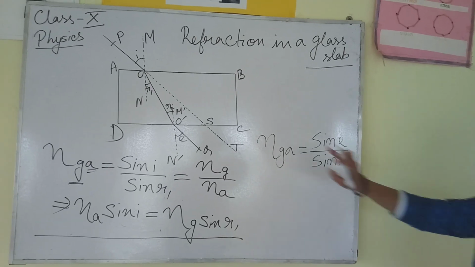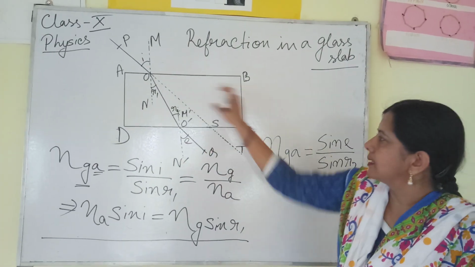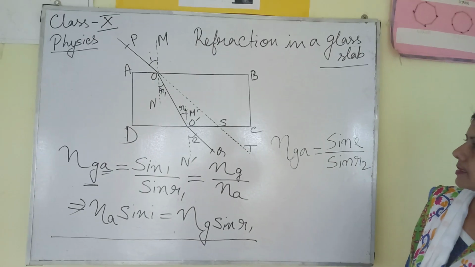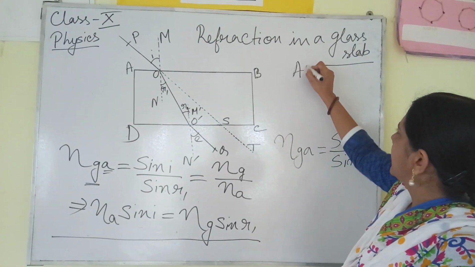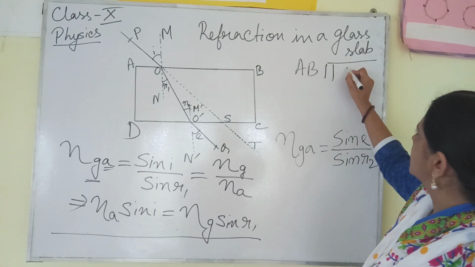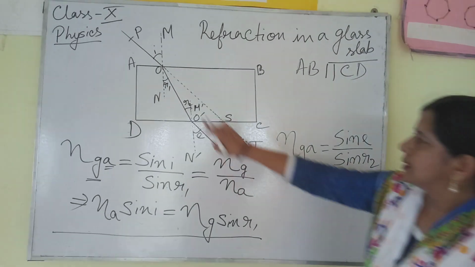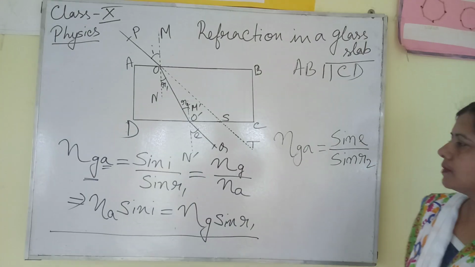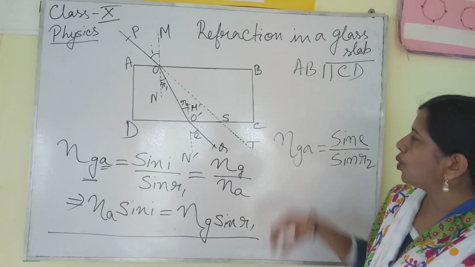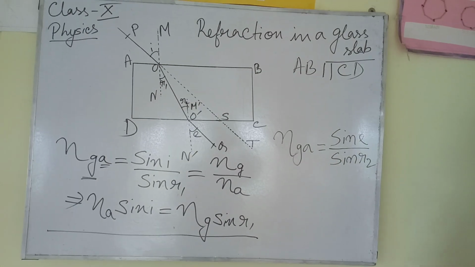Now from the figure it is clear that it is a rectangle. In a rectangle, AB is parallel to CD. Now this one is the transversal, that is OO dash, the transversal.